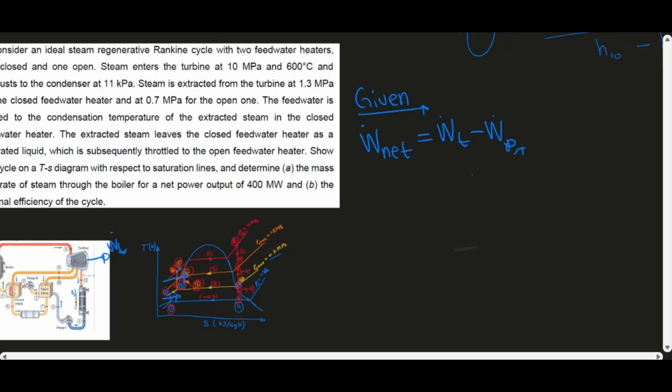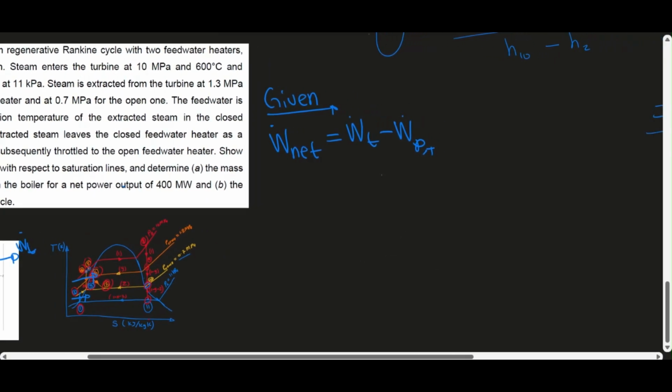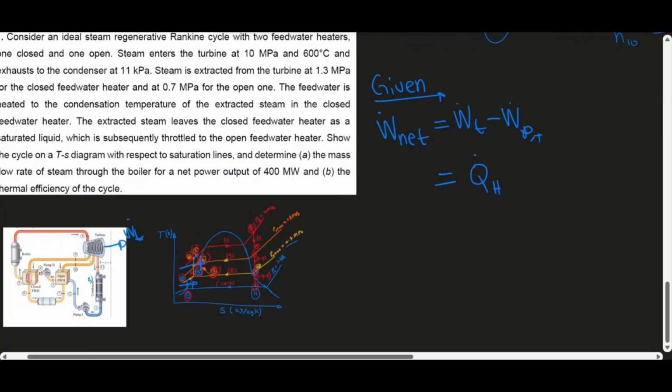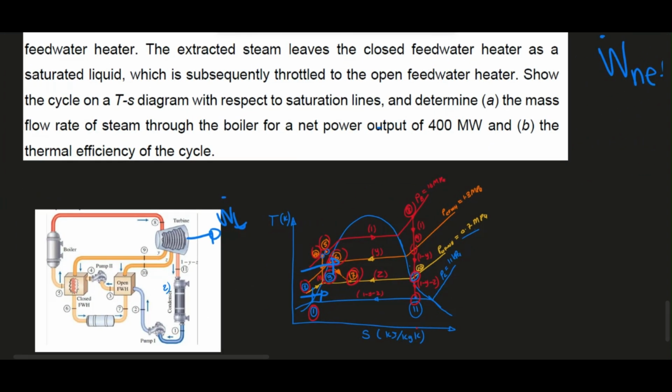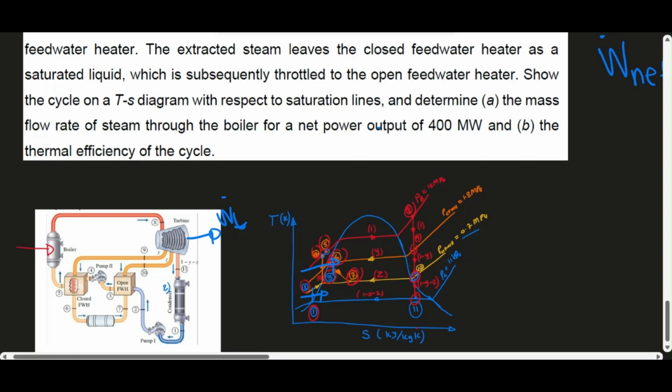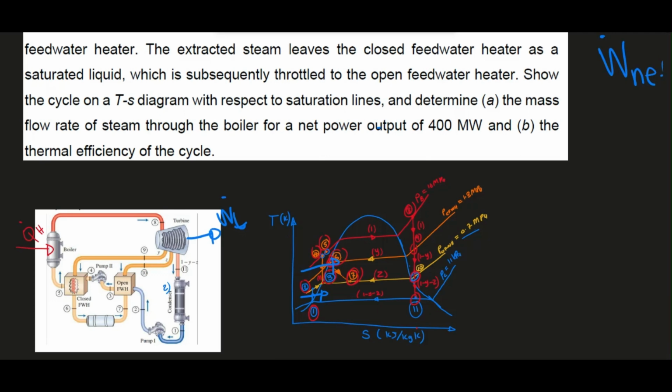And another formula, if you don't want to use turbine work and pump work, you can use heats, which is Q dot H, heat fed to the feed water, and heat that is being lost from the condenser, QL.